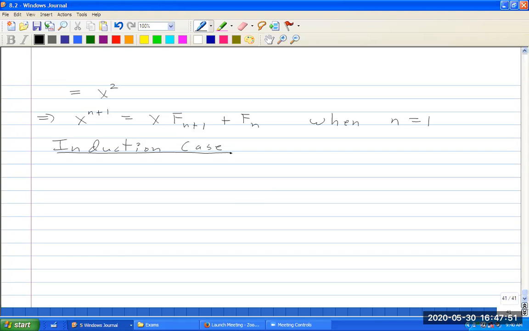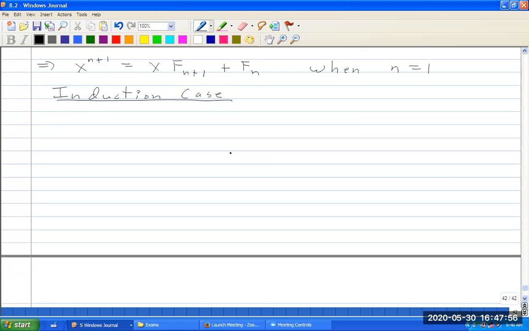And so let's suppose that x to the power n plus 1 is equal to x f sub n plus 1 plus f sub n. So let's suppose that this induction hypothesis is true. Then let's look at x to the power n plus 2.